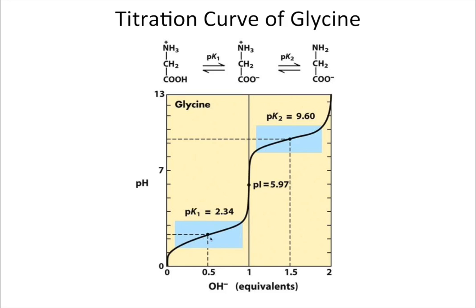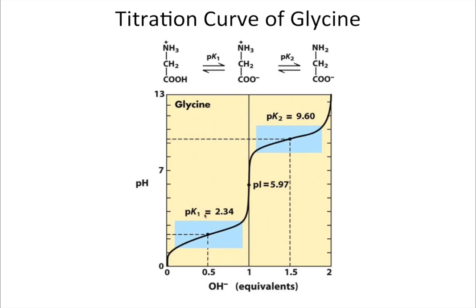As you add base in this area, the pH doesn't change drastically, so this blue section is all a buffer region. But then you get to a certain point where you add a little bit of base, and the pH shoots up very quickly. So you can see the corresponding structures.